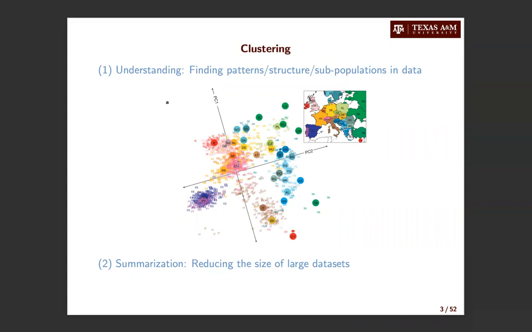And we see that if we cluster populations based on their characteristics, then the resulting clusters are the geographical locations of the boundaries in the countries of Europe. Also, another important reason why we use clustering is to summarize our dataset and essentially reduce the size of large datasets by assigning a corresponding sample to its cluster.